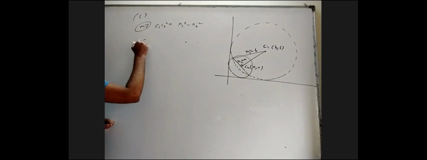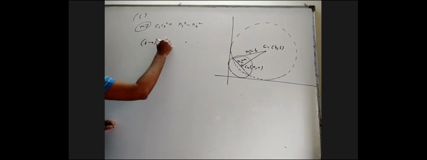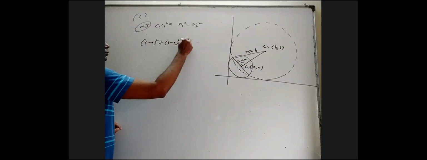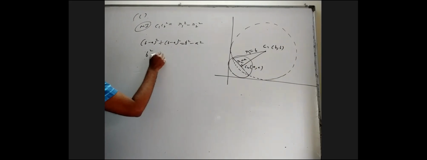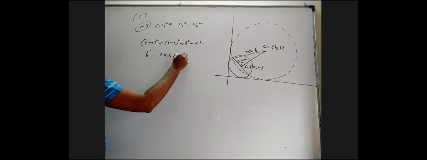That is again (B minus A) whole square plus (B minus A) whole square equal to B square minus A square. If I expand and bring everything to one side, I will get B square minus 4AB plus 3A square equal to 0.